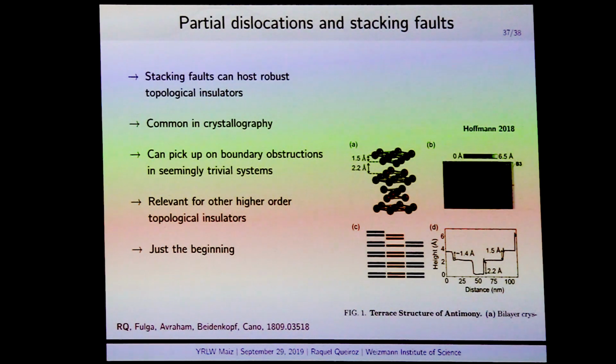In fact, this type of stacking faults can, in principle, pick up lower dimensional topological systems buried inside of materials, and I think it's something that is relevant to now be studied, and some materials have already been showing up, which have interesting spectroscopic signatures coming from such defects, and we still have a lot to do in order to figure out a complete classification and also a way of characterizing them, not really classifying, but how to characterize them from the topology of the bulk.